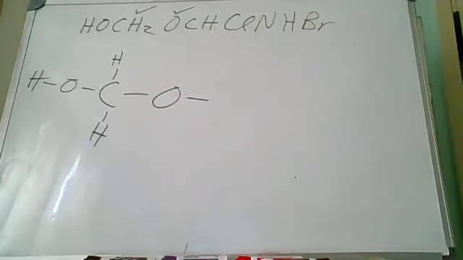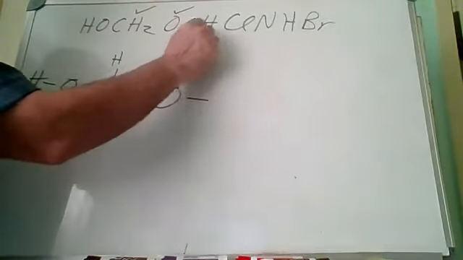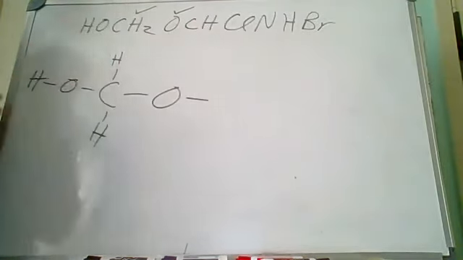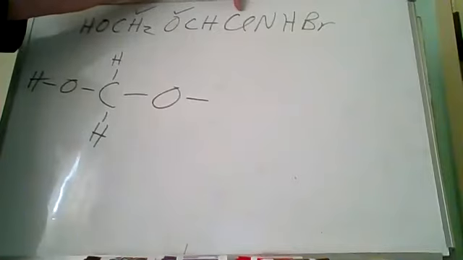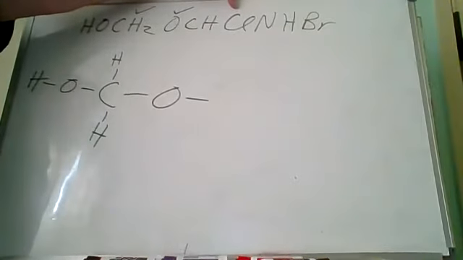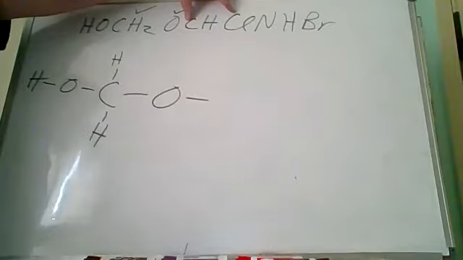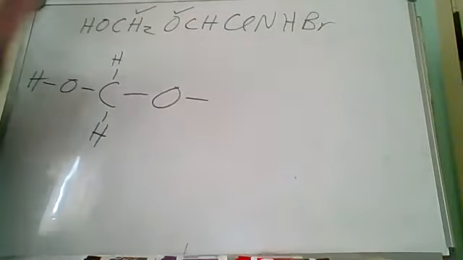And then we have CHCl. Again, chlorine is a halogen. It can only make 1 bond. So this is going to be very similar to the last problem where we had a bromine here. Since chlorine can only make one bond, the CHCl is going to look just like CH2.